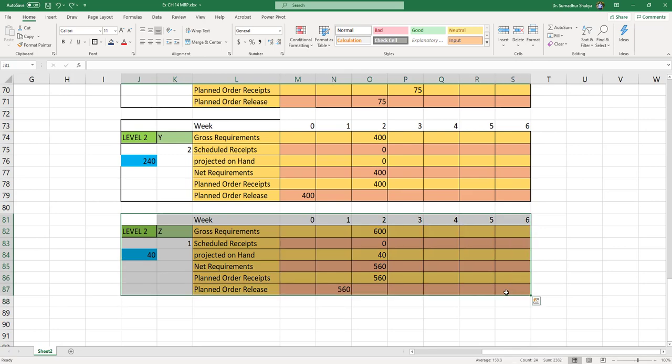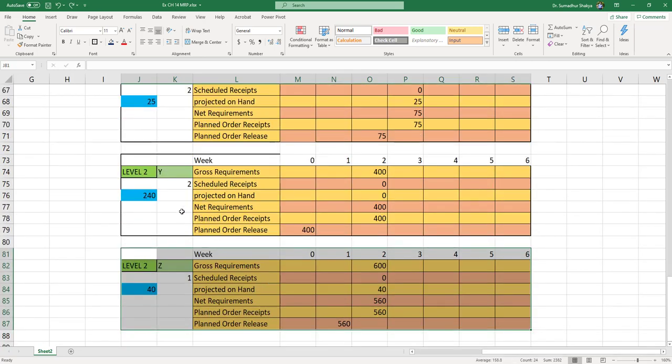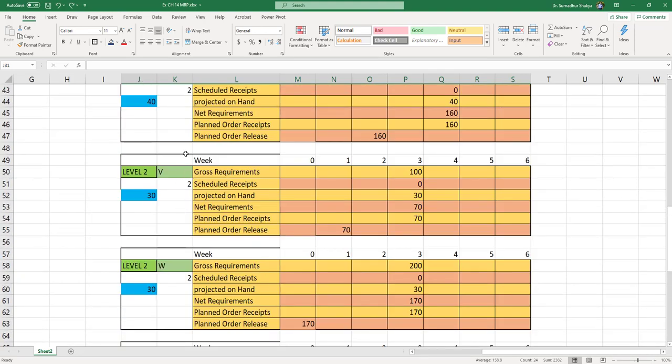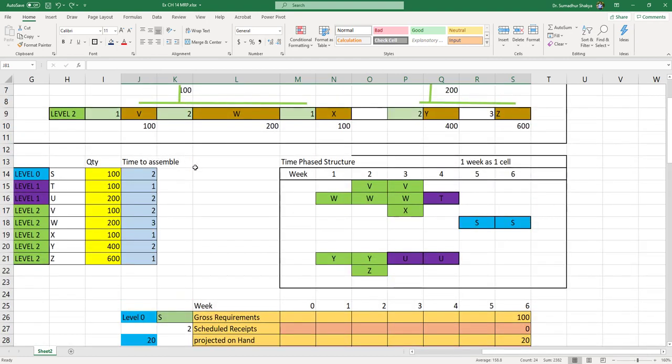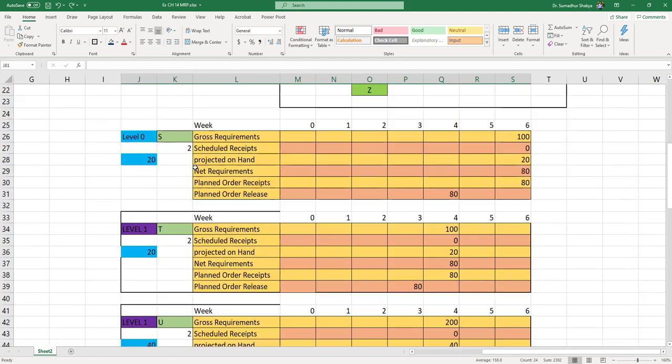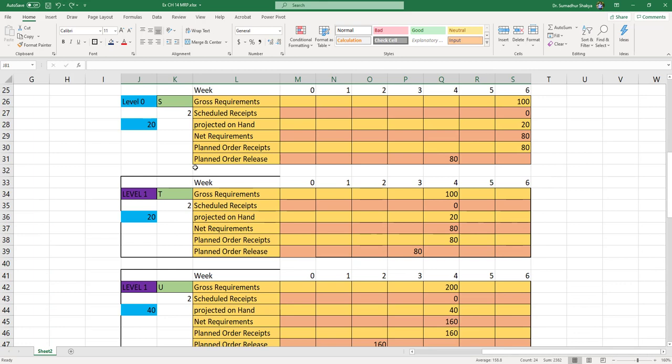Now, if we were to also tie all of this information with finance and marketing and purchasing and transportation, then all of this process that we did for MRP, which is material requirement planning, becomes enterprise resource planning, because now you're thinking at the company level and not just at the production level.